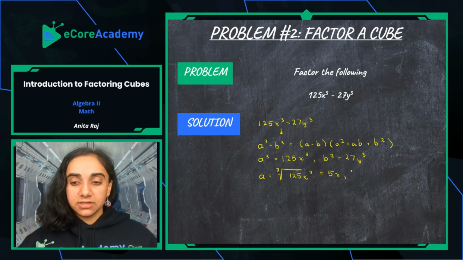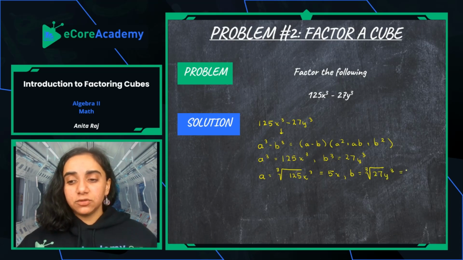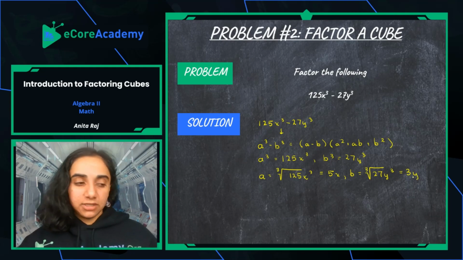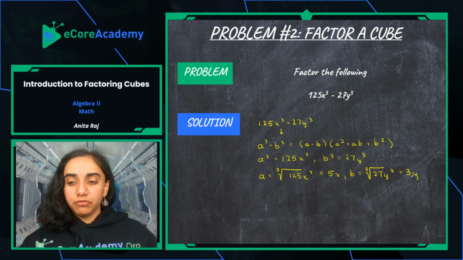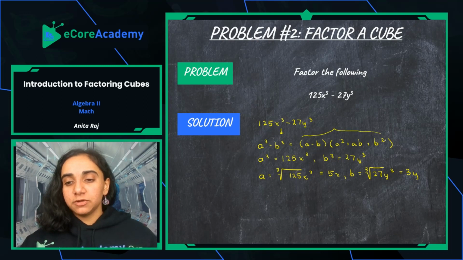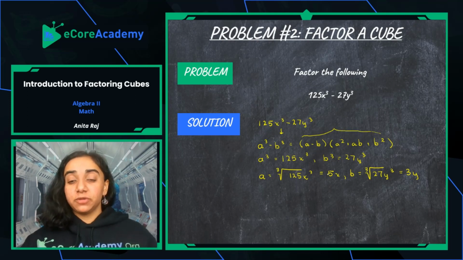a is equal to 5x. b, on the flip side, is equal to the cube root of 27y cubed. The cube root of 27 is equal to 3, and the cube root of y cubed is y. So b is equal to 3y. All right, so now we got to rewrite. We use 5x and 3y, and rewrite it in terms of a minus b times a squared plus ab plus b squared, which are going to be the factors.